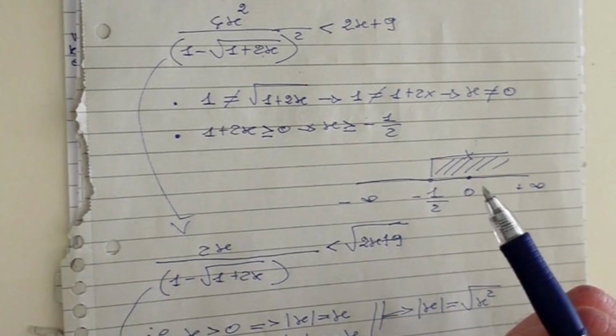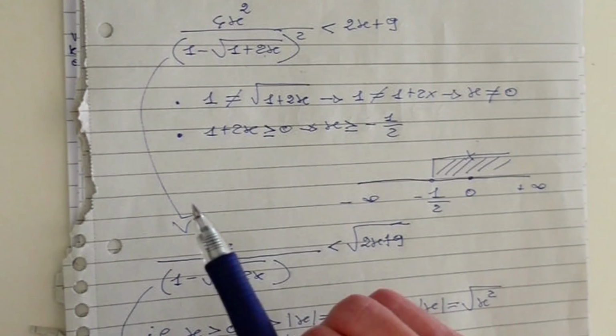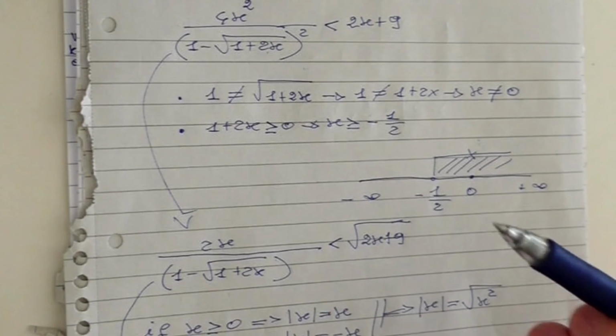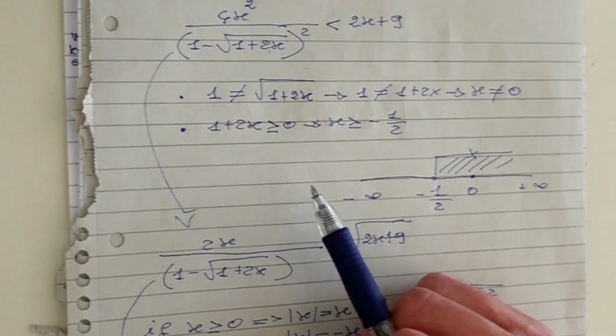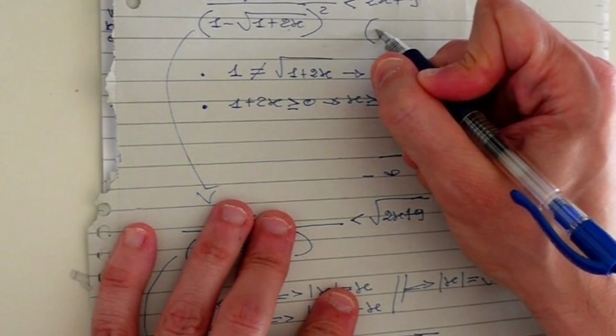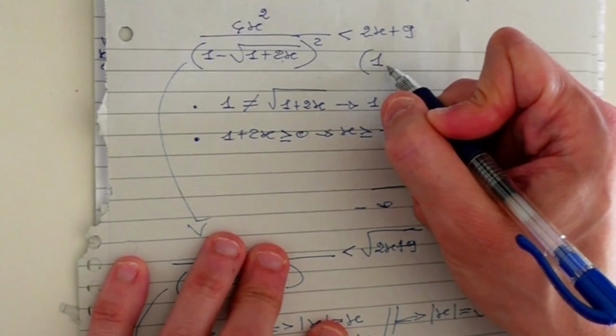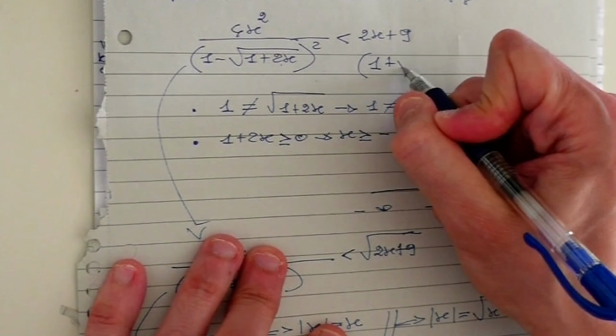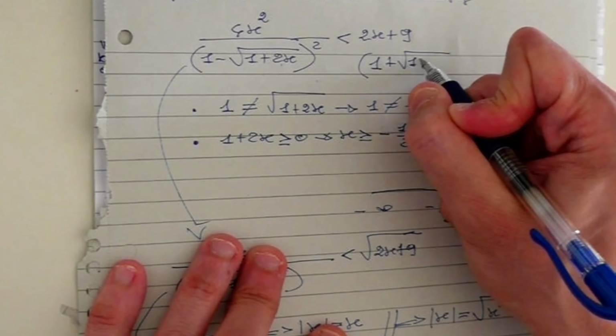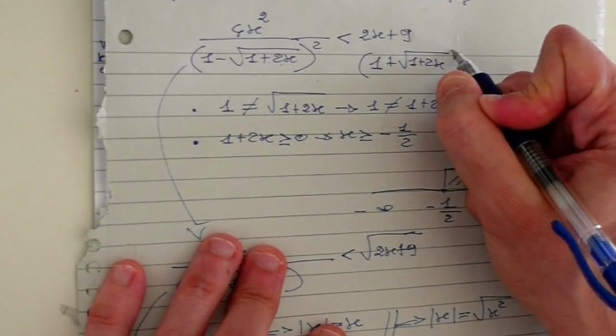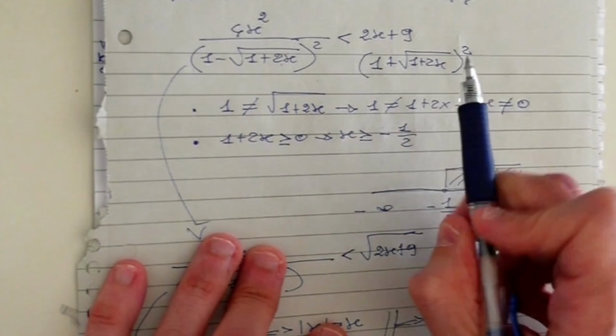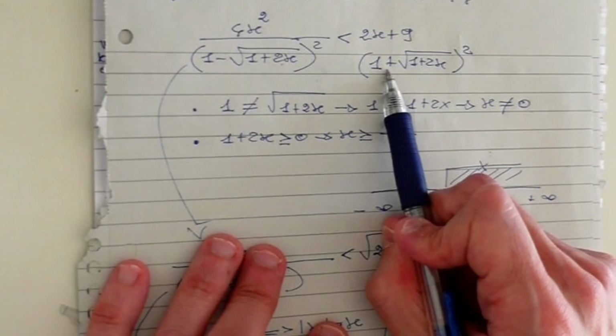So let's multiply both left and right hand side denominators by this guy, 1 plus square root of 1 plus 2x squared in this case. Can you see the pattern?